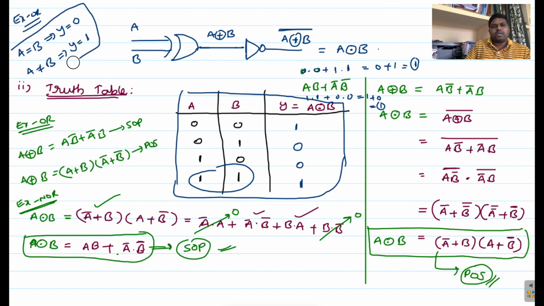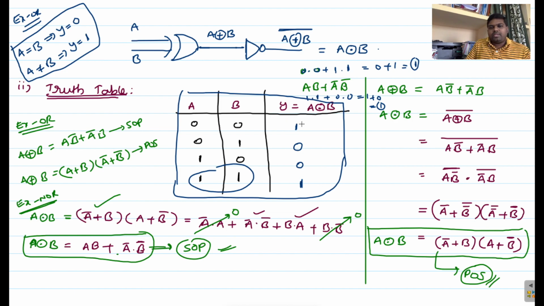This is XOR logic operation. But the complement of XOR means this condition is completely inverted. That means when both the inputs are the same, a equals 0, b equals 0 and a equals 1, b equals 1, the output will become 1. In the previous case that 0 is inverted in XNOR operation, so we get logic 1 here.